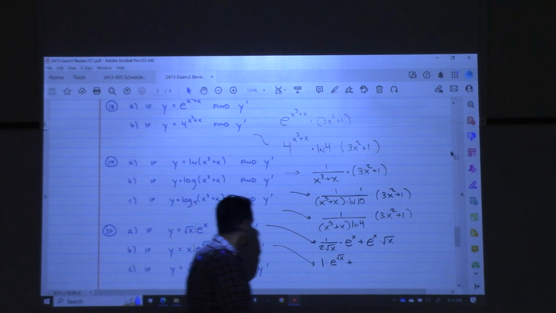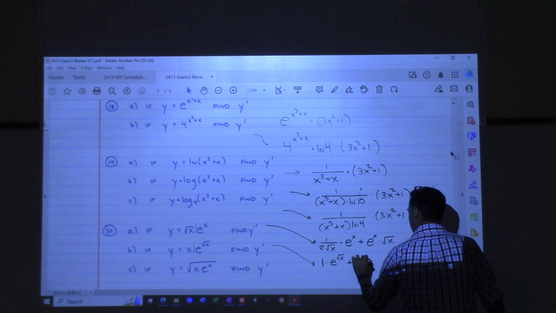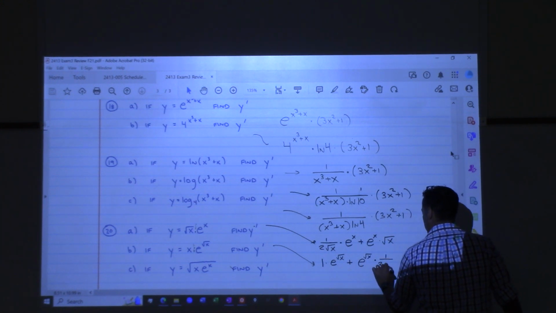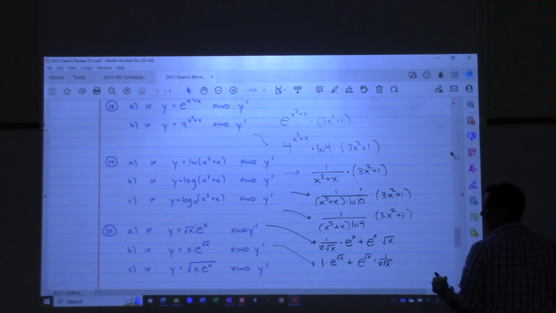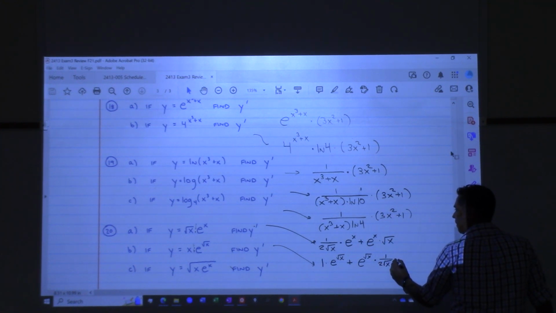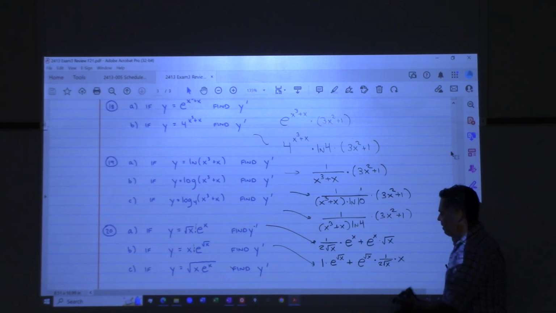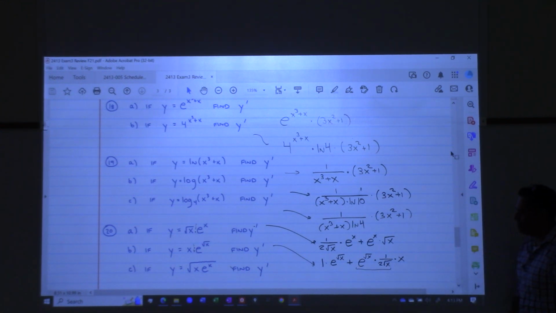So the derivative of that should be itself, e to the root x, times the derivative of the root x, 1 over 2 root x. But then I still have to multiply that by what? X. See the difference between those? This right here is my chain rule on e to the root x.